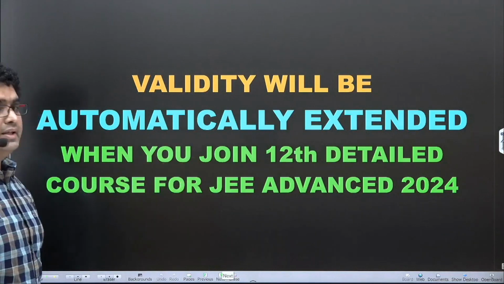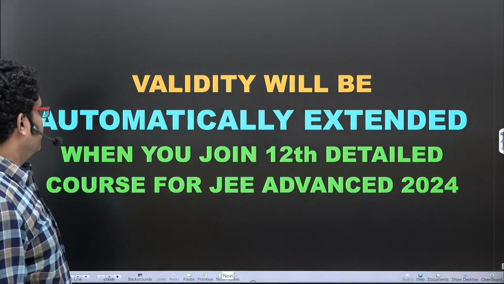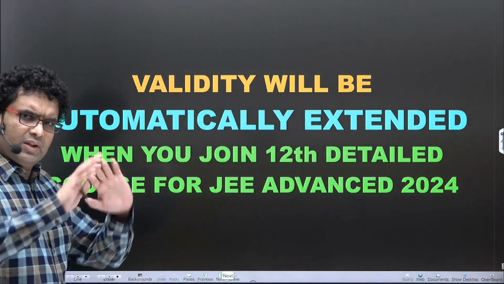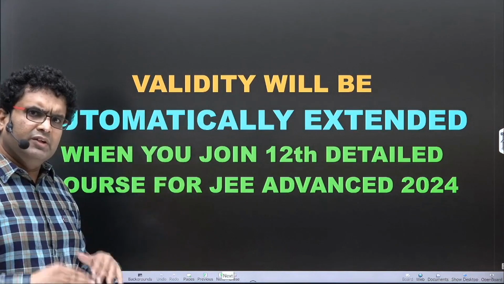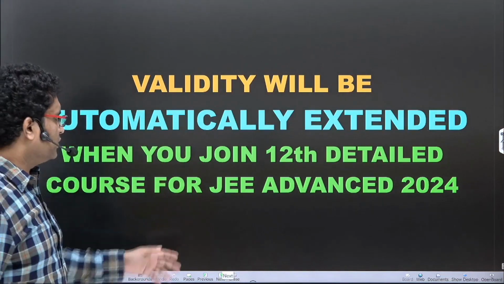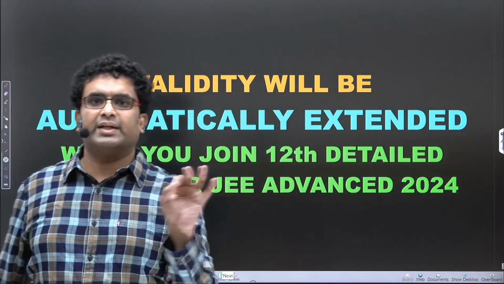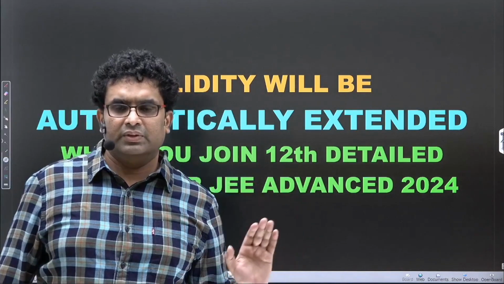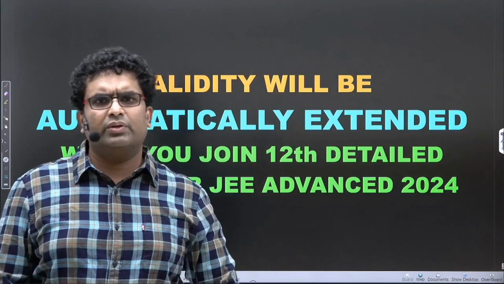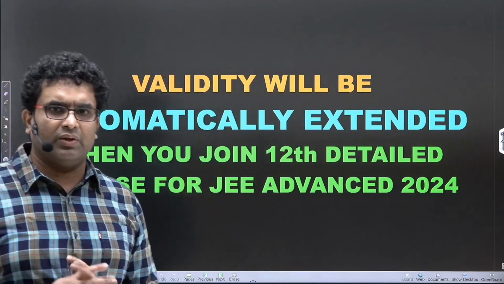Validity will be automatically extended for the 11th syllabus. All the content, the DPPs, everything would be extended one more year once you take the 12th detailed course, which I will launch after the board examinations are over, somewhere around May 2024. Okay, right.